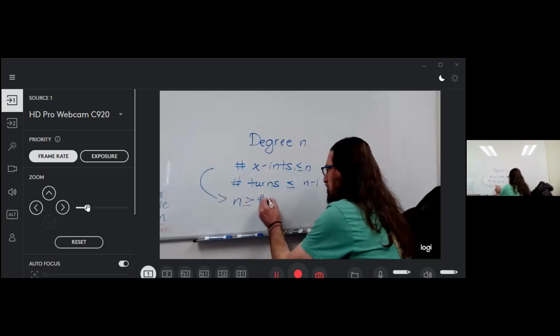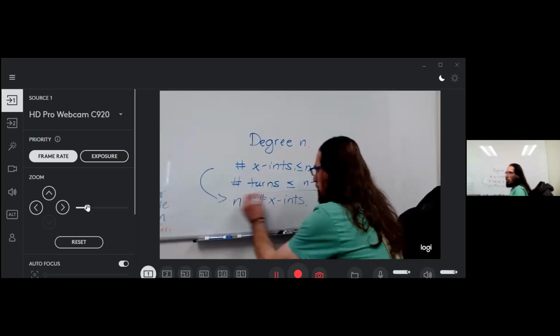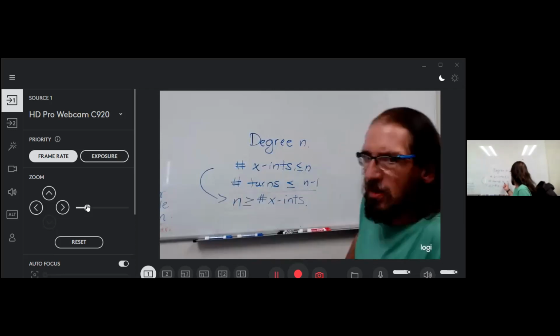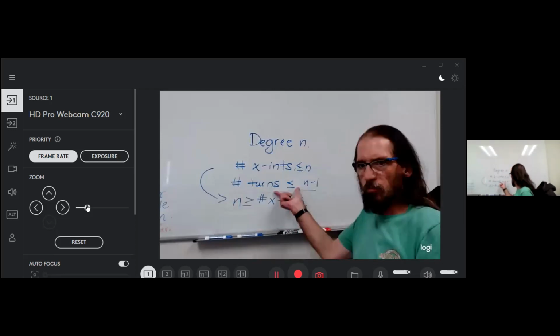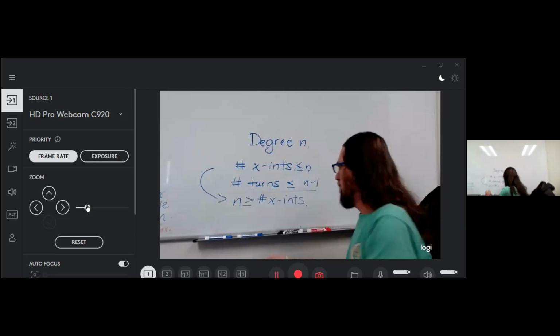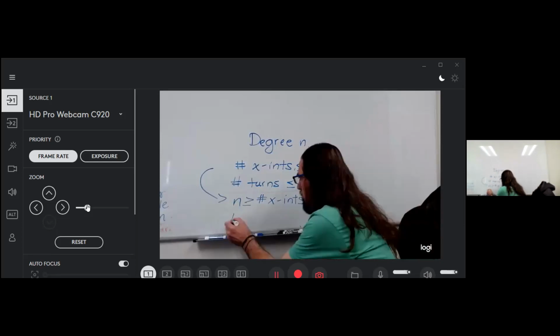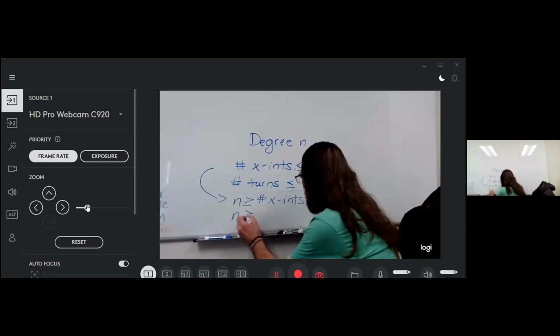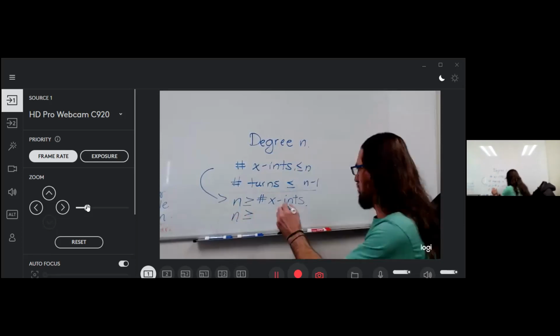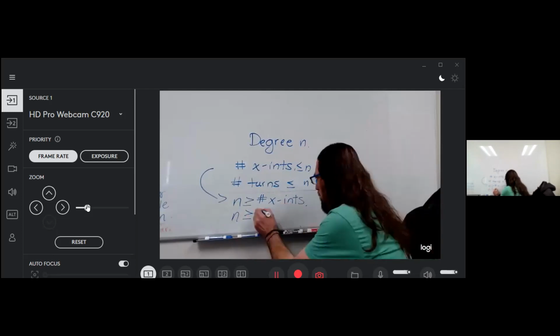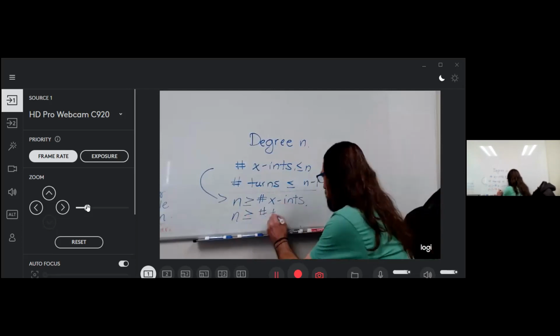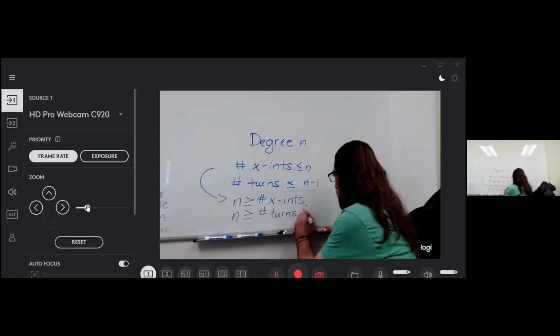Not much changes in the first one, but if I add one to both sides on the second inequality, n would have to be greater than or equal to the number of turns plus 1.